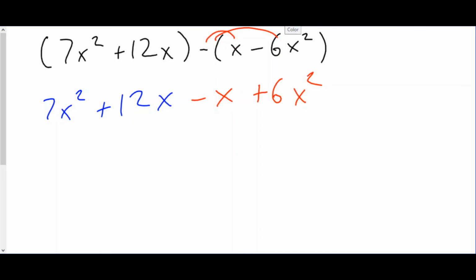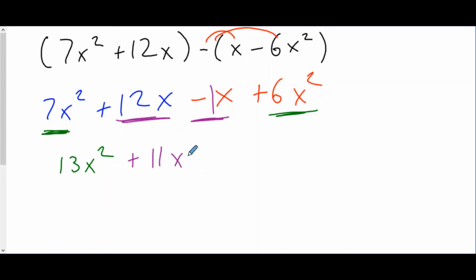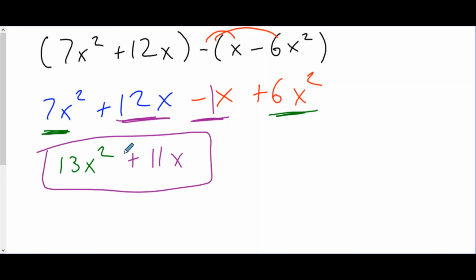I'm going to combine my like terms, starting with my highest degree of x squared. 7x squareds plus 6x squareds is a total of 13x squareds. And then I have a 12x minus x. Those are both x's. 12 x's minus a single x gives me 11 x's. And that's it.